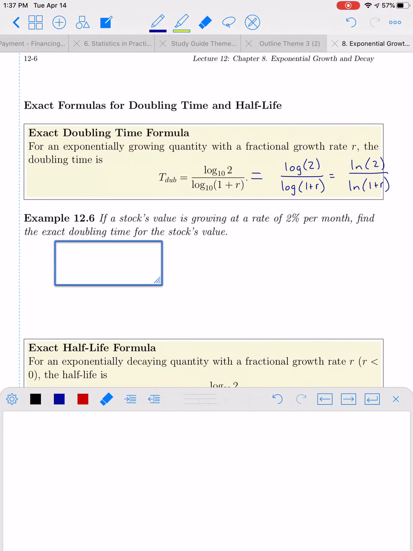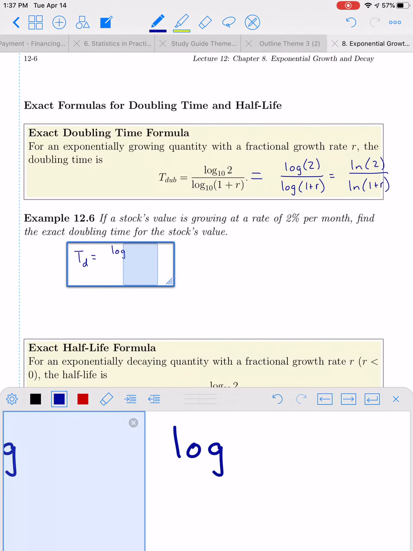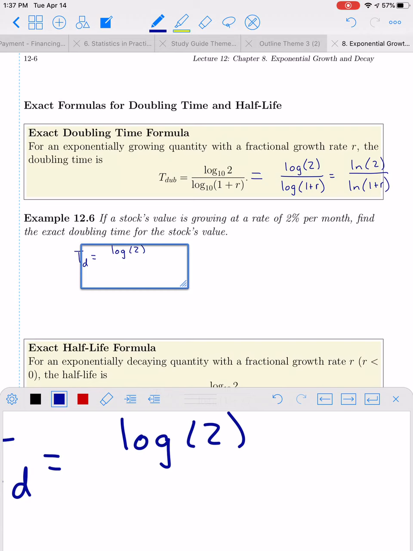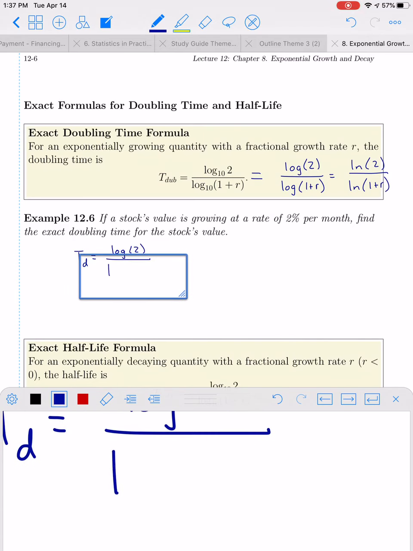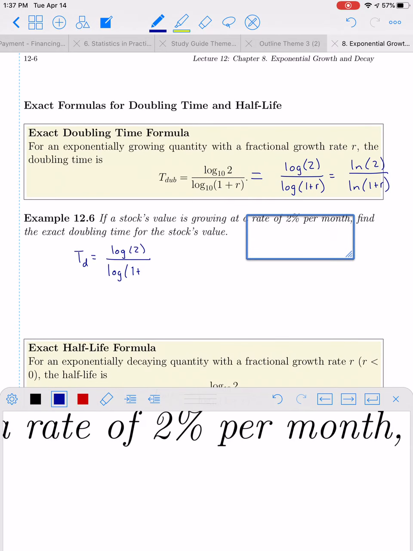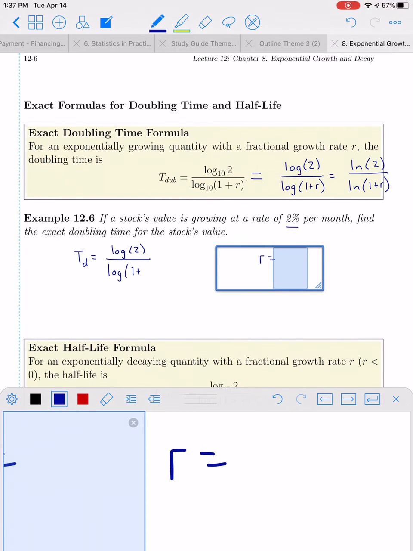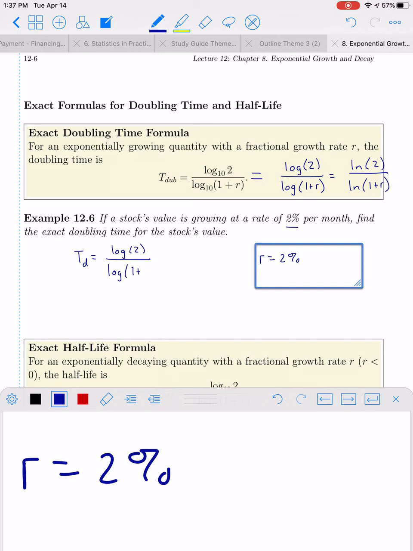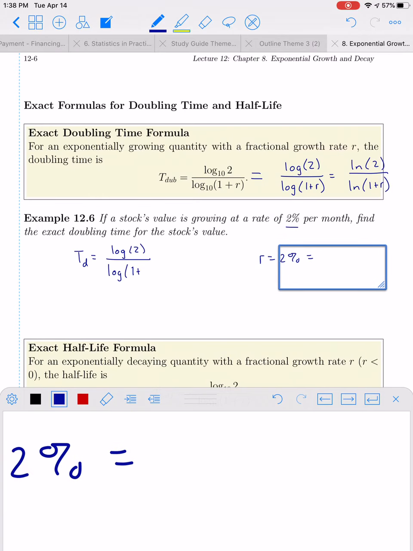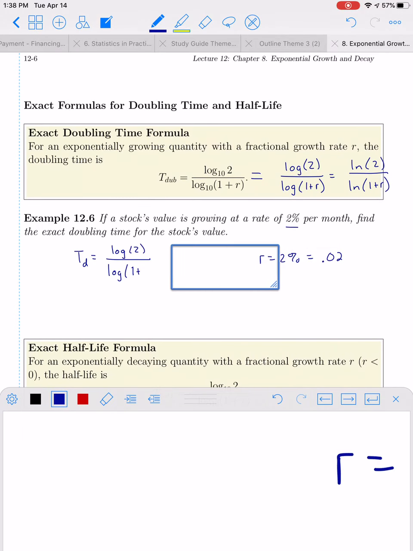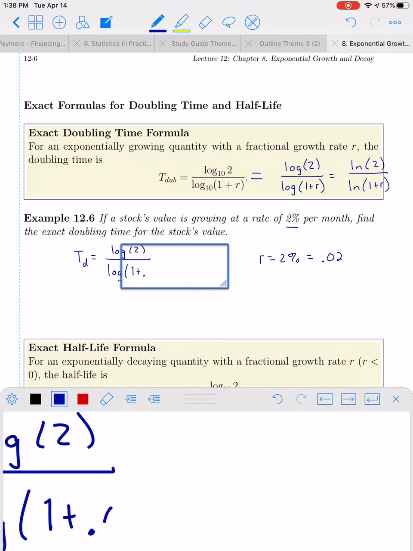To calculate the doubling time for this stock's growth, T-dub, we have log of 2, as the formula tells us, divided by log of 1 plus r, in this case 2%. And that's a monthly rate. Interestingly enough, we're told it's a monthly rate. We might have assumed it was APR.